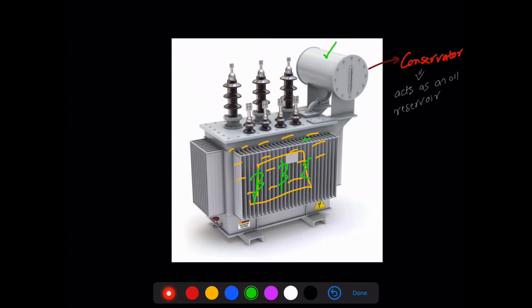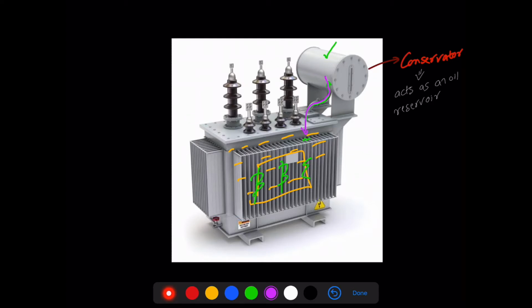Whenever the transformer is on load and the oil heats up, the oil is going to flow from this particular pipe to the conservator tank, and whenever the transformer cools down on no load or less load, the oil is going to travel back into the main tank.